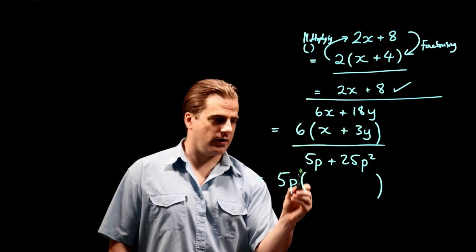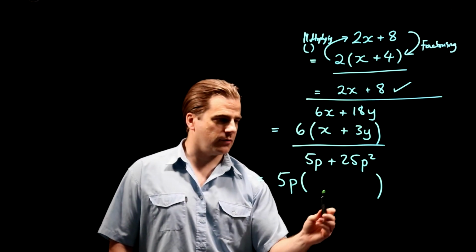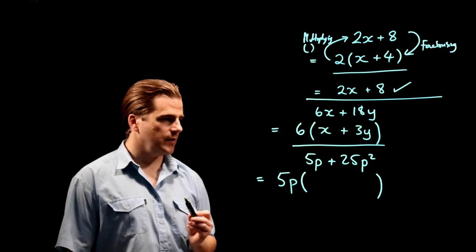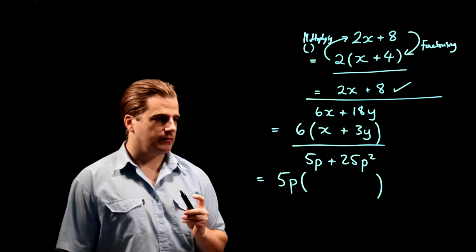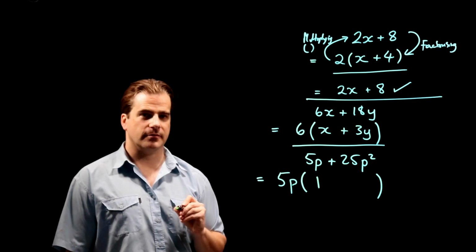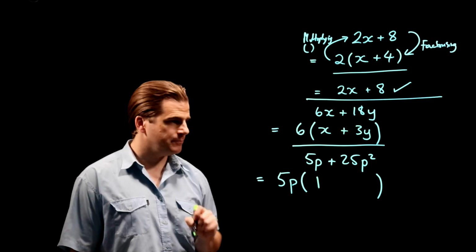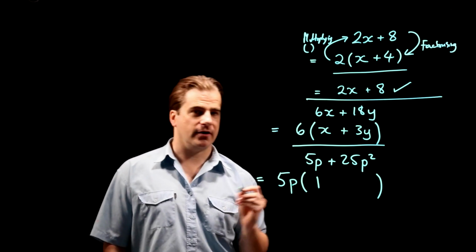Okay, and now we're done pulling out terms. So now, what do we write there? 5p times what equals 5p? 5p times 1 equals 5p. Okay? 5p times what equals 25p squared?